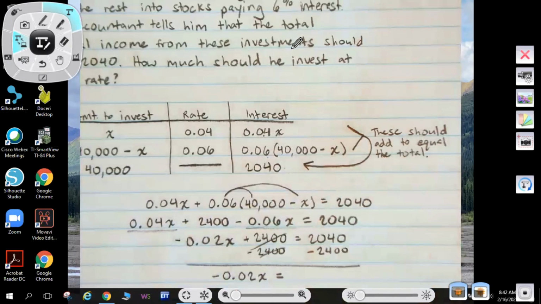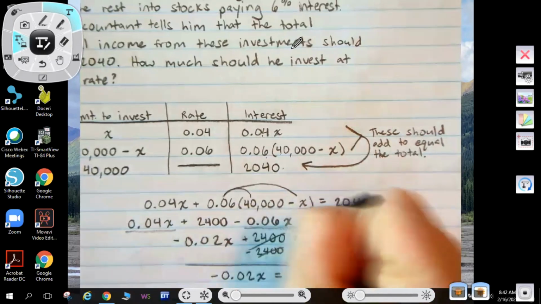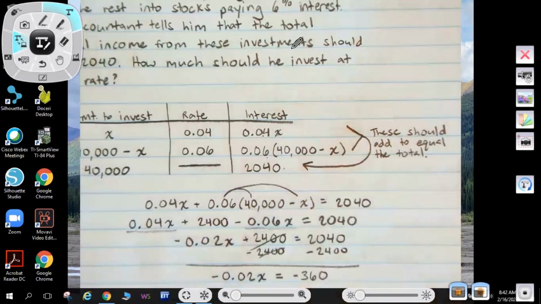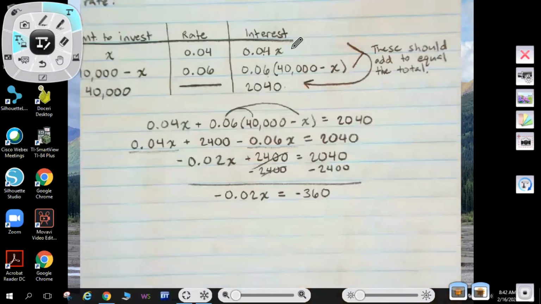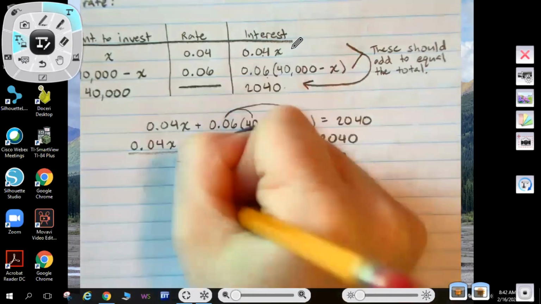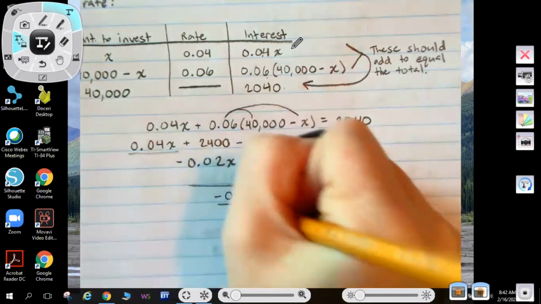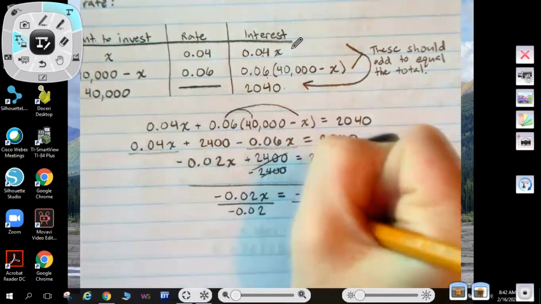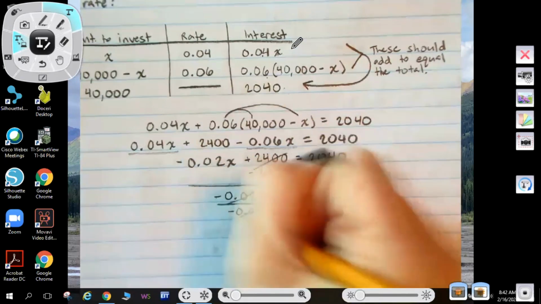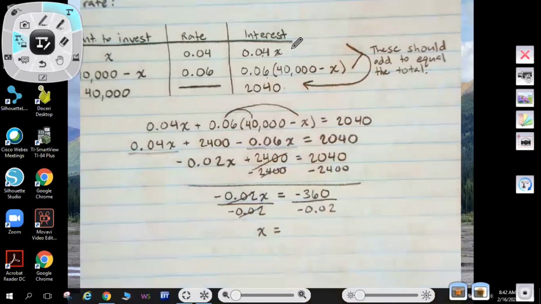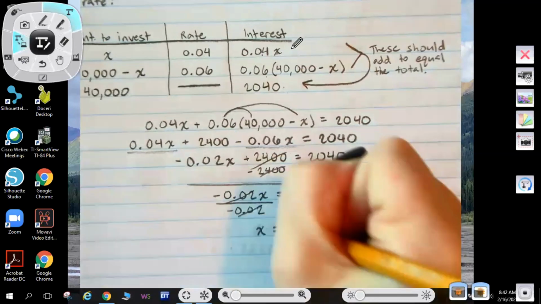$2,040 minus 2,400 is negative 360. And to get x by itself, divide both sides by negative 0.02. We get 18,000.